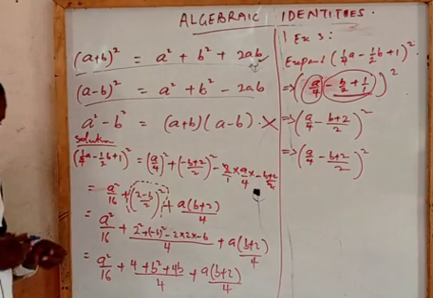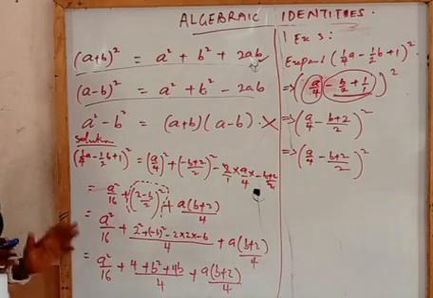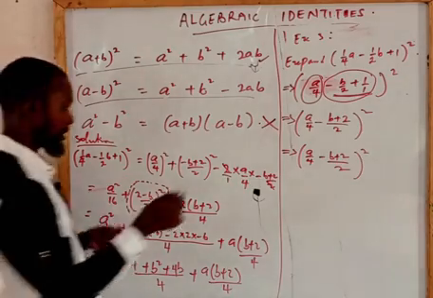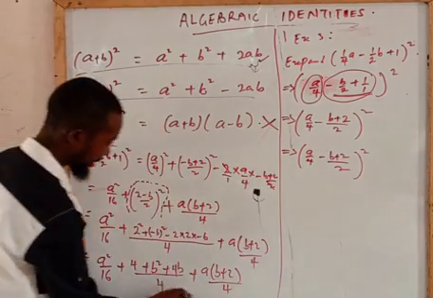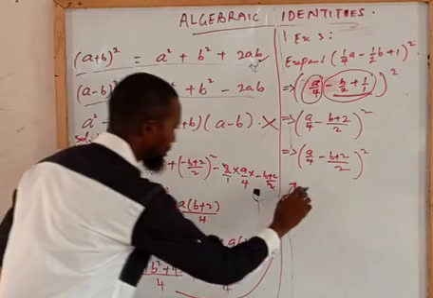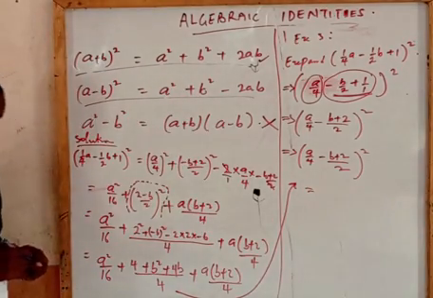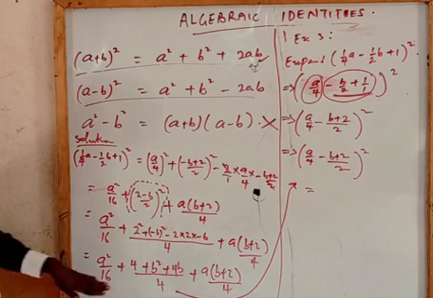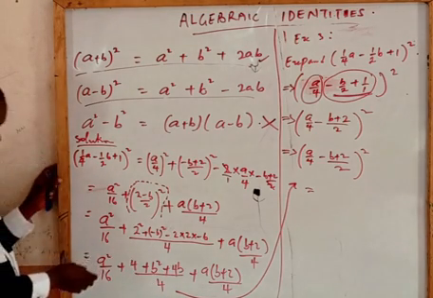So I can say this is my answer, but there is a better way by which this answer can be represented. Let me continue from here. So I will just say it is equal to, and I want to consider this other way of representing the answer.